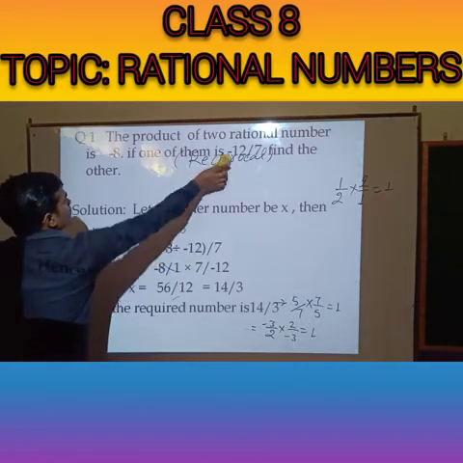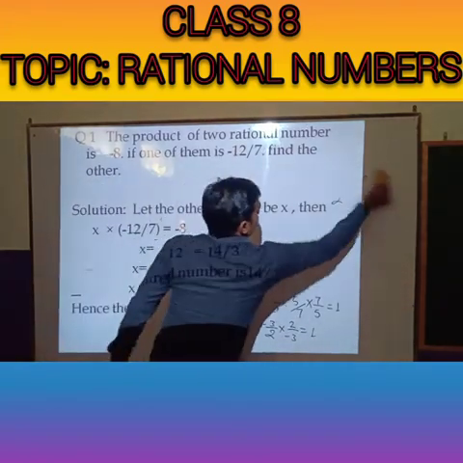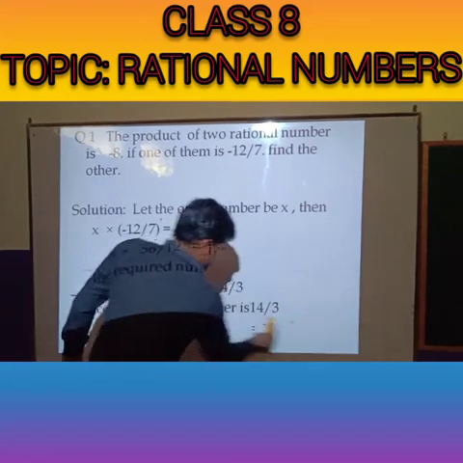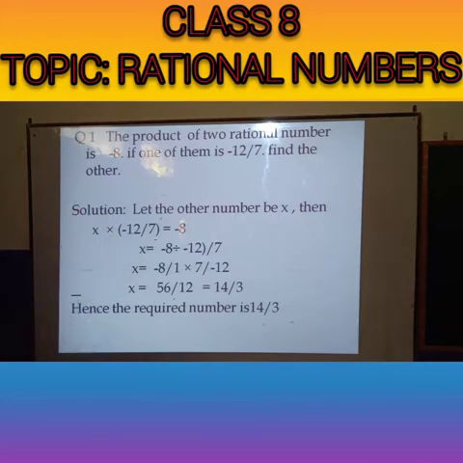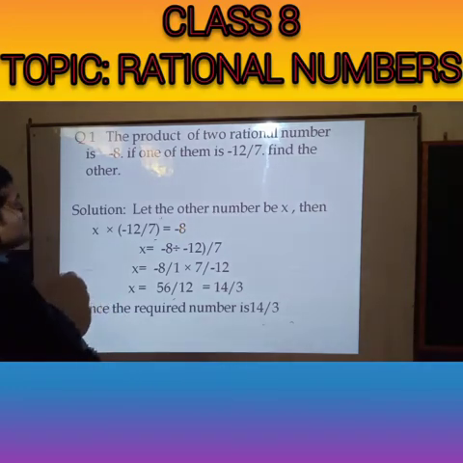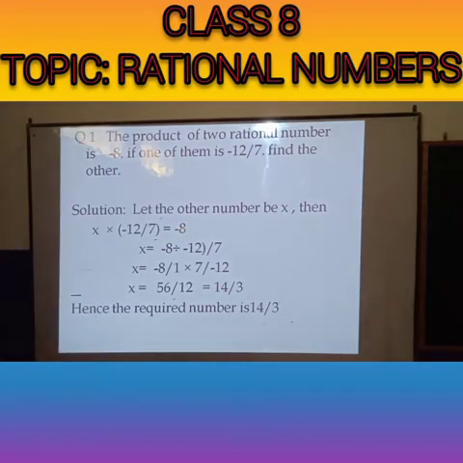Now, we have a question. In this question, it is given that the product of two rational numbers is minus 8. If one of them is minus 12 upon 7, find the other.